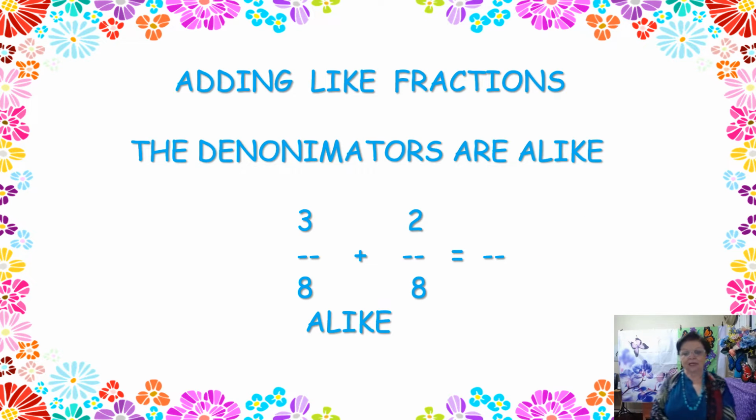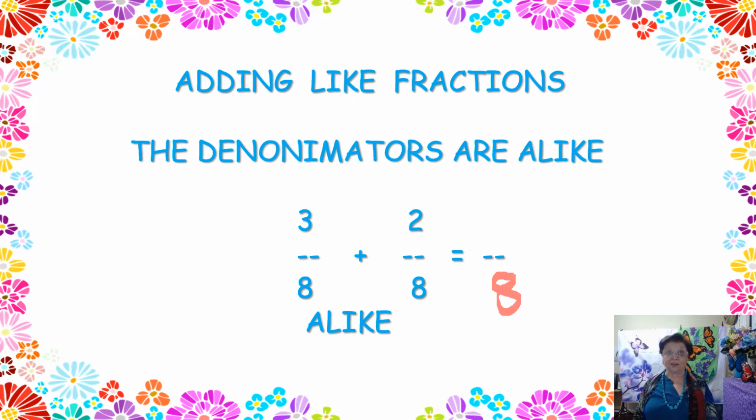So right now we're going to talk about adding like fractions. The reason we call them like fractions is because the denominators are alike. If you have two fractions where the denominators are the same, like 8 and 8, you're always just going to keep that same denominator.